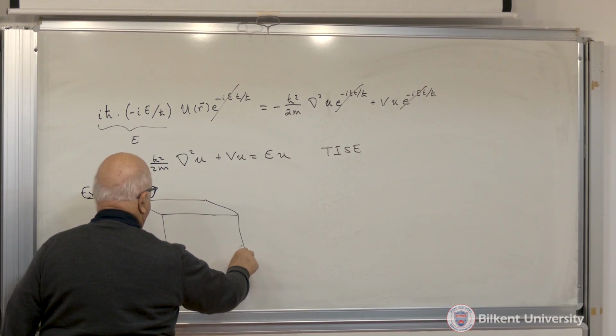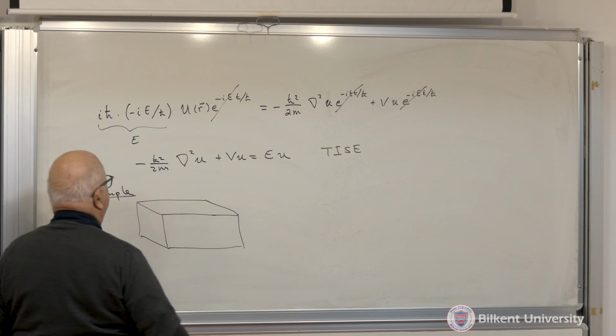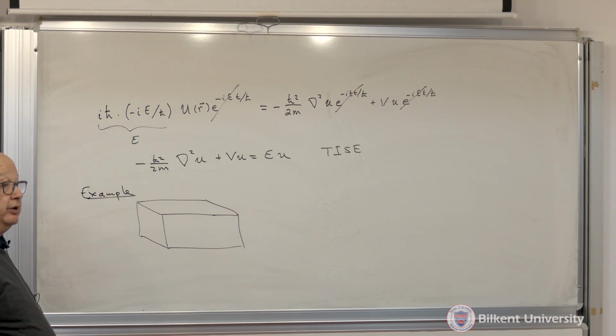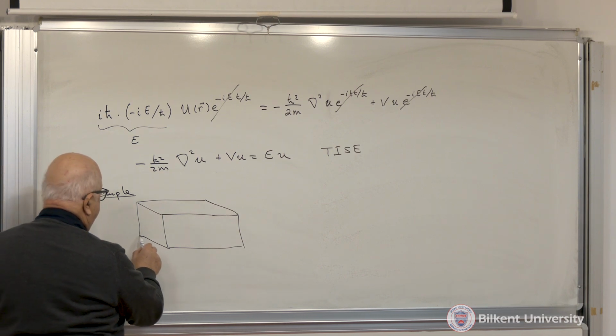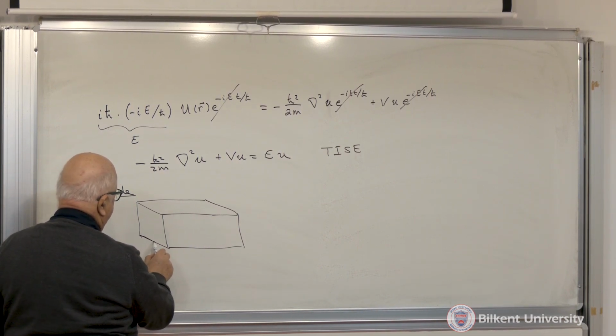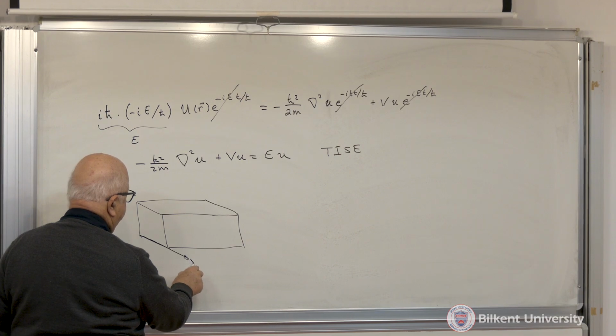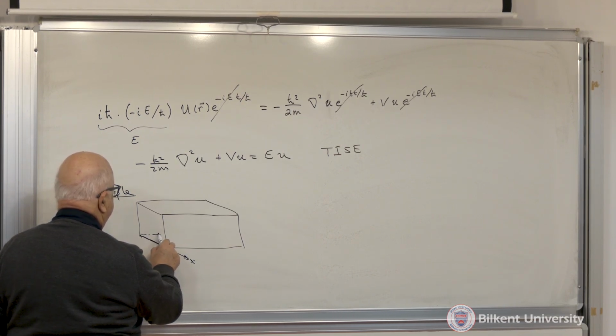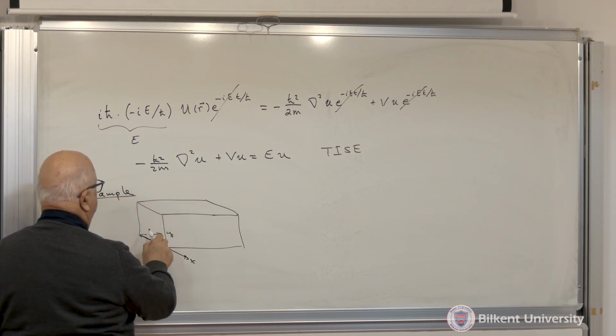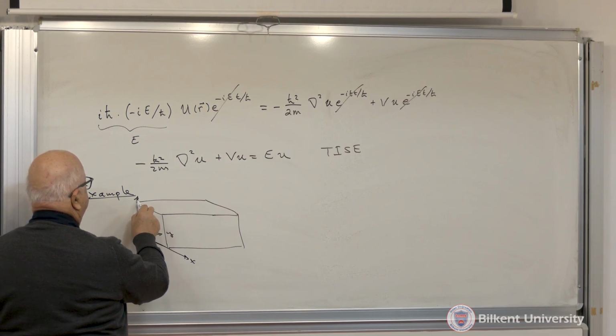Okay, so this will be the analog of particle in a 1-dimensional box with infinite barriers. So what I'm going to do is call this the x direction, this the y direction, and that one the z direction.